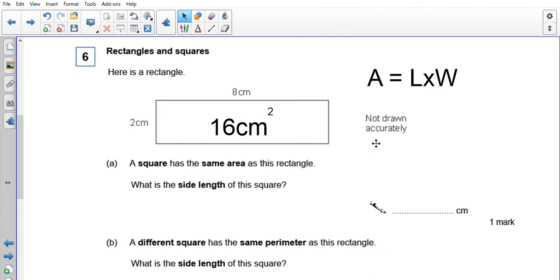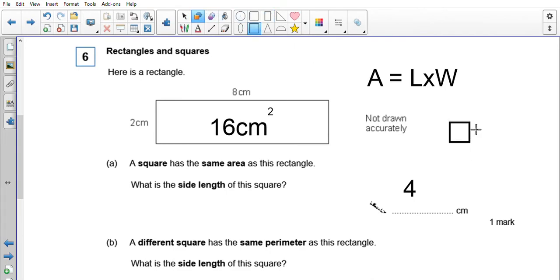So I'm looking for a number that when I square it I get the answer of 16. When you start thinking like that, you'll realise that 4 multiplied by 4 is going to give you 16. And if you think of your square numbers, it's a square, so think of square numbers. 4, 4, 4, 4. Okay, so that's going to give me the perimeter. Don't need it for this part of the question, but 4 multiplied by 4 is going to give me an area of 16 centimetres squared.